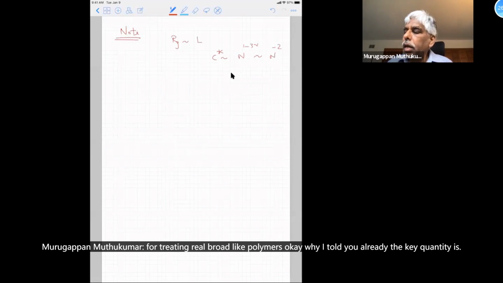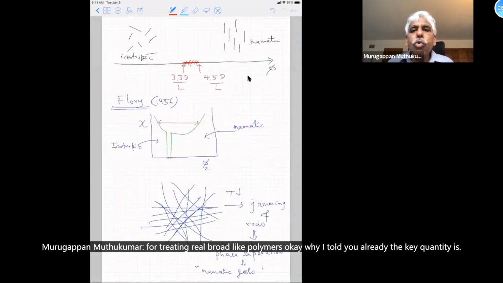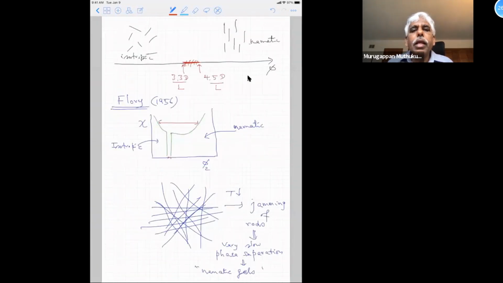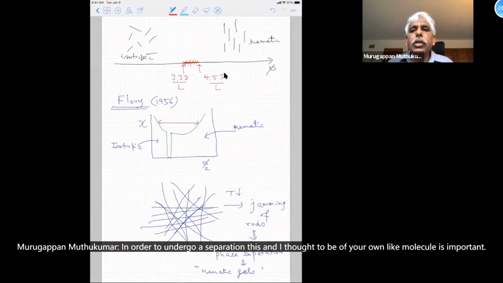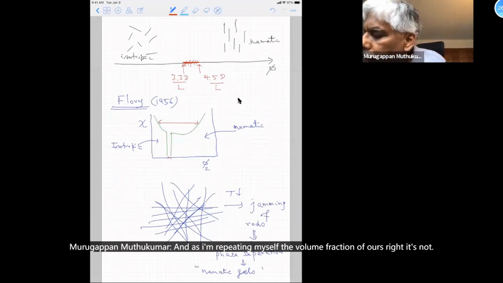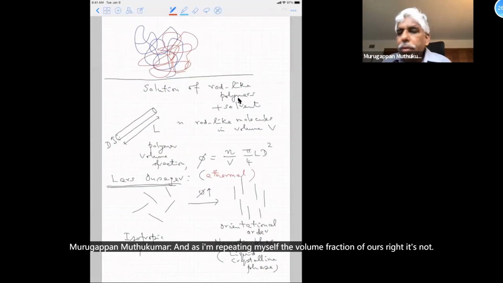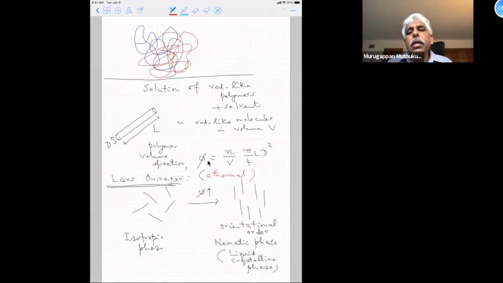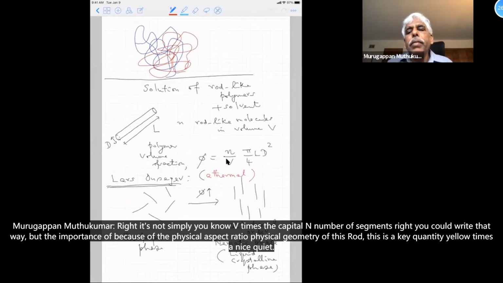Why? I told you already, the key quantity is D over L. In order to undergo phase separation, the anisotropy of your rod-like molecule is important. And as I'm repeating myself, the volume fraction of rods is not simply N over V times the capital N number of segments.